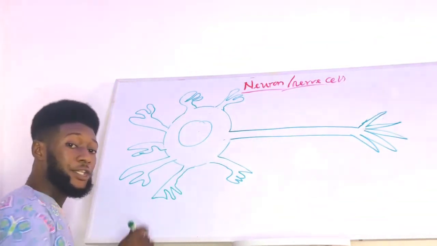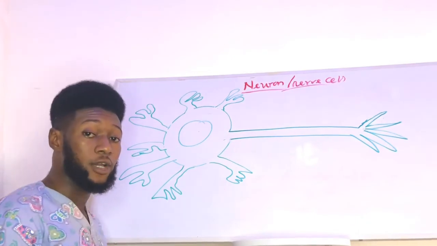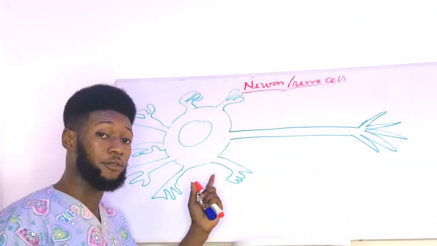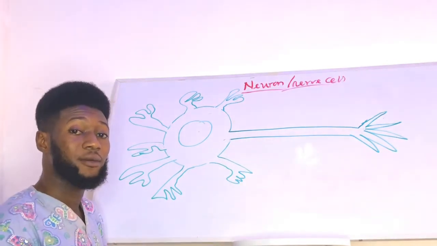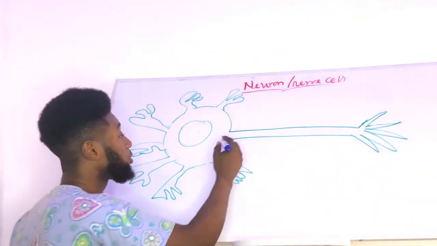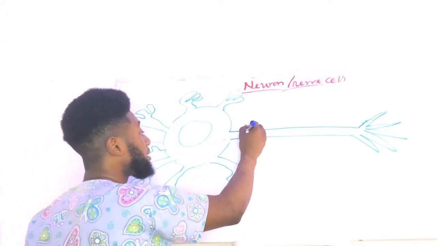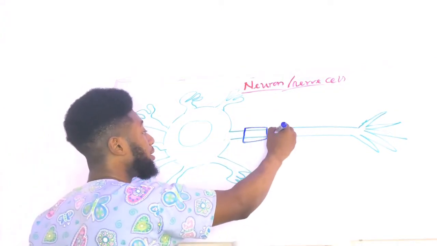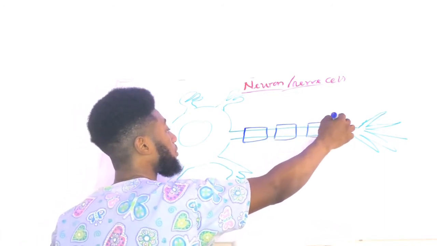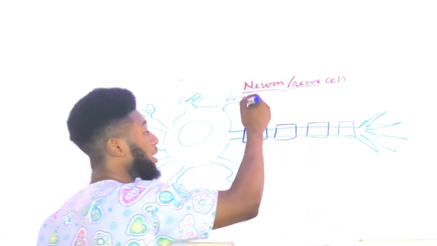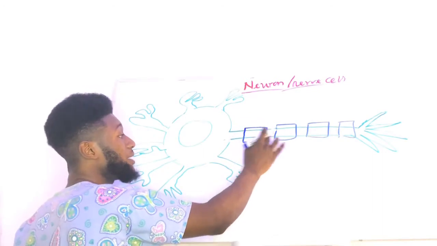So this is a neuron or a nerve cell or conducting cell, right? And the axon is having myelin sheaths over there. So they are myelinated, okay? So these are the myelin sheaths.